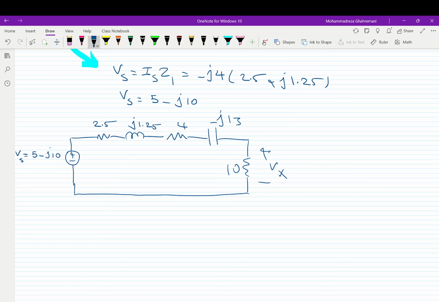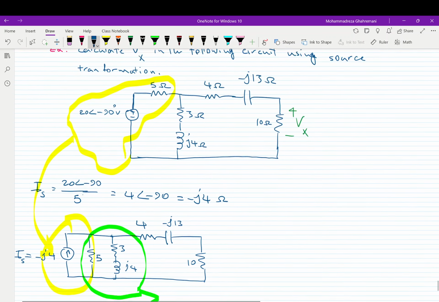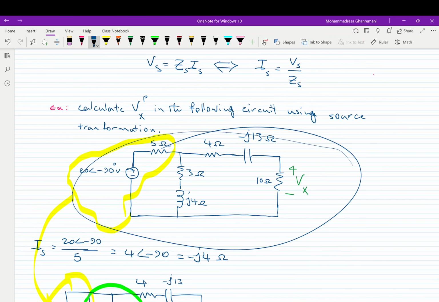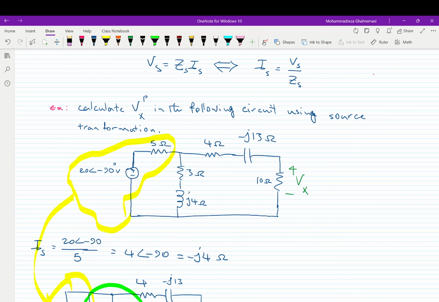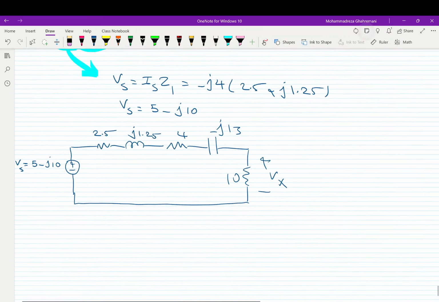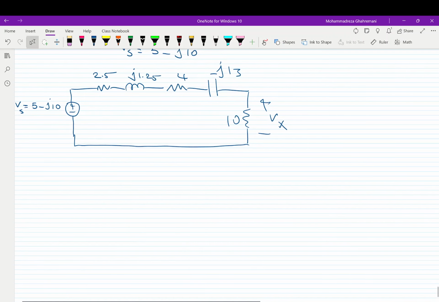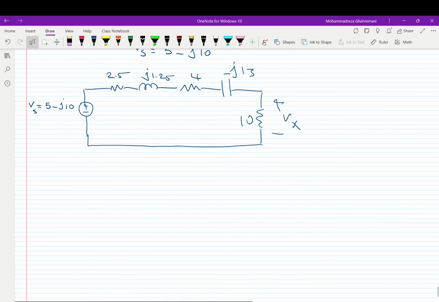Okay, we converted this circuit, which had parallel and serial elements, to the simplest possible form. In order to find Vx, the only thing we need to do is write a simple voltage division.